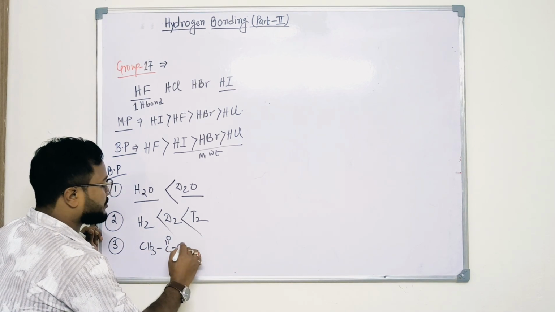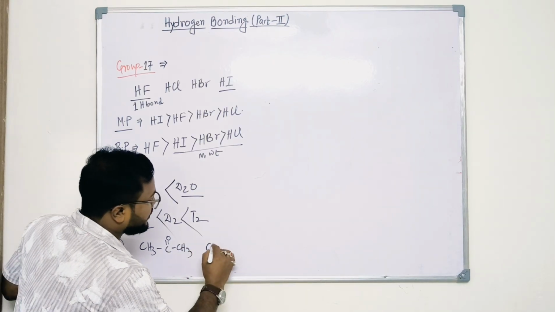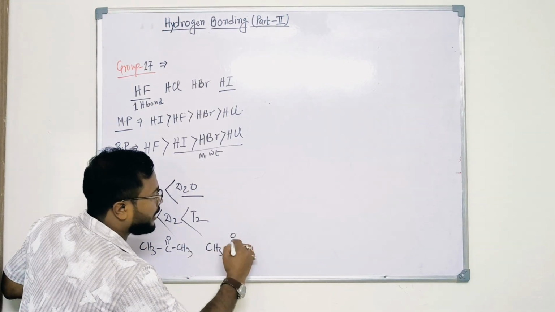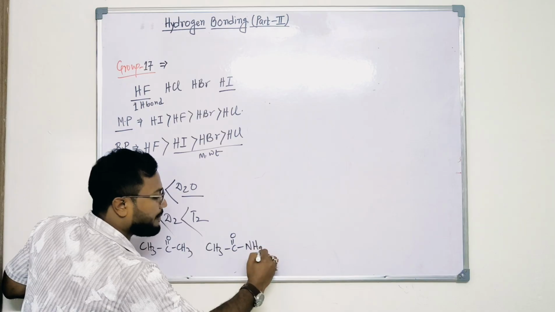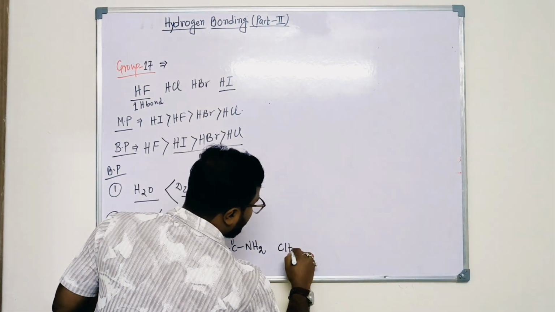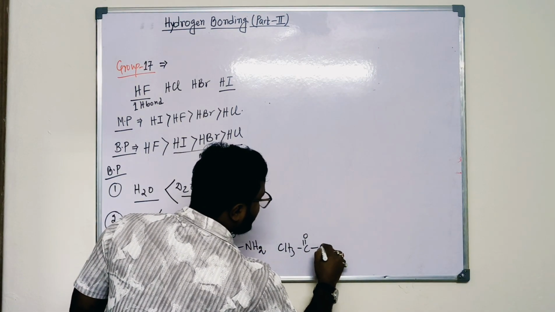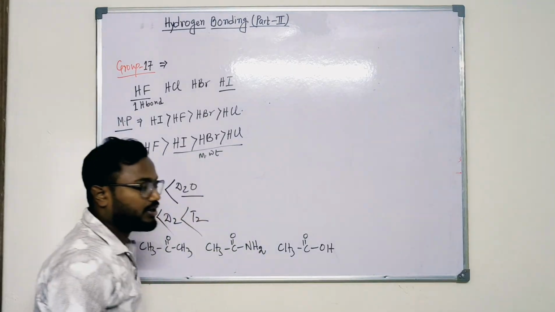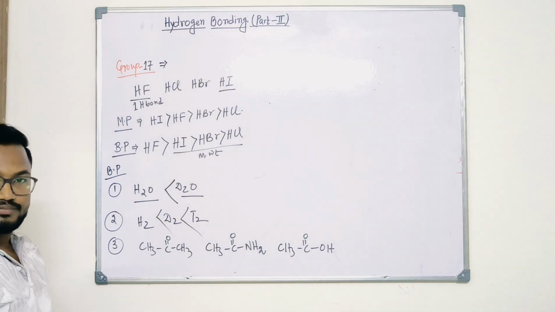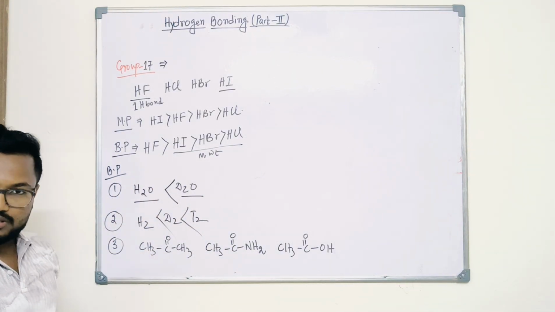Let us consider we are taking acetone, CH3COCH3. CH3CONH2, this is an amide. And CH3COOH, acid, is taken. For these compounds, it is asked the boiling point order based on hydrogen bonding. Check out.